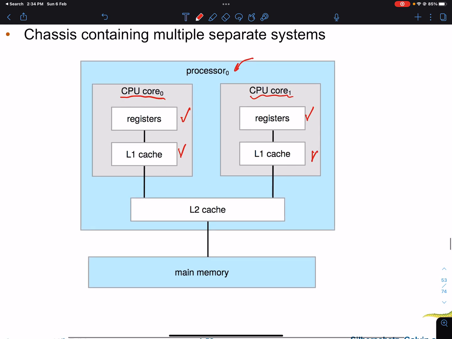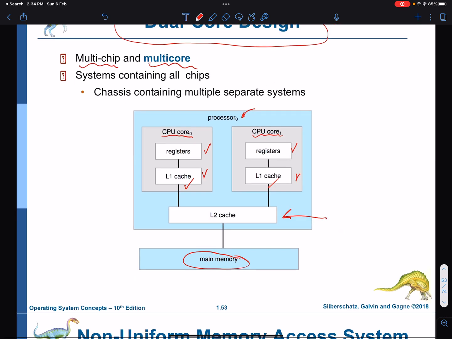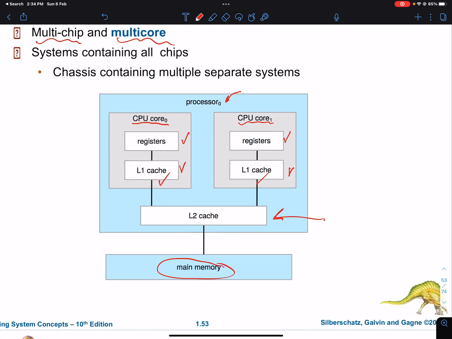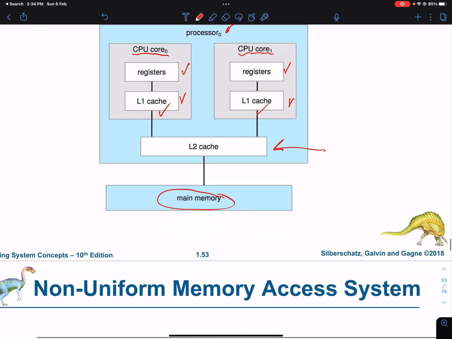And we put another cache here to work as a caching system between the main memory that is being shared between the two cores, and the L1 cache and L2 cache, which makes it much, much faster. Okay, so one processor with multiple cores.